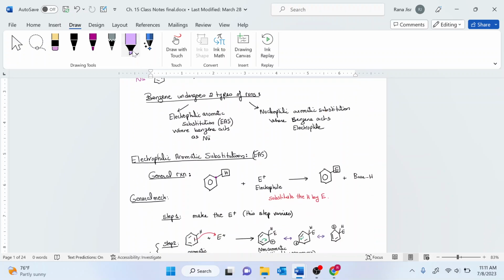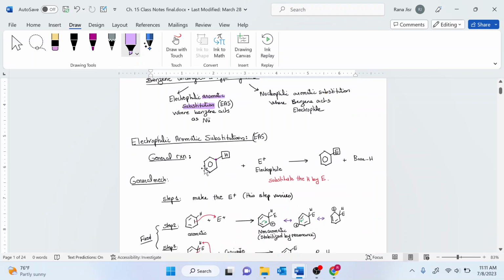It is called an electrophilic aromatic substitution reaction. And in this type of reaction, if we look at the general reaction in there, you start with the benzene and you react the benzene with the electrophile. That electrophile needs to be in desperate need of electrons, and every time you will prepare the electrophile. The electrophile will end up replacing the hydrogen. This is why we call it a substitution reaction.